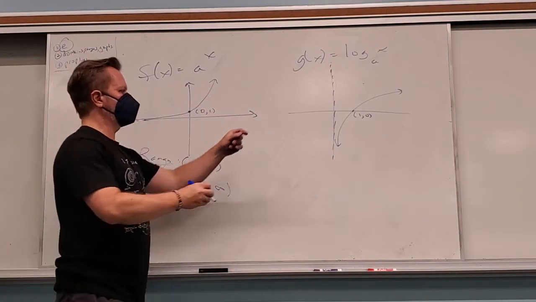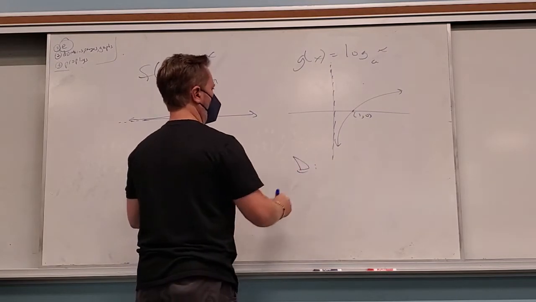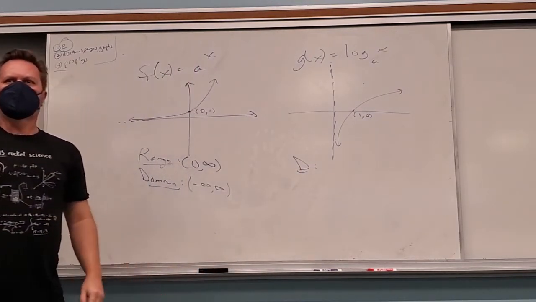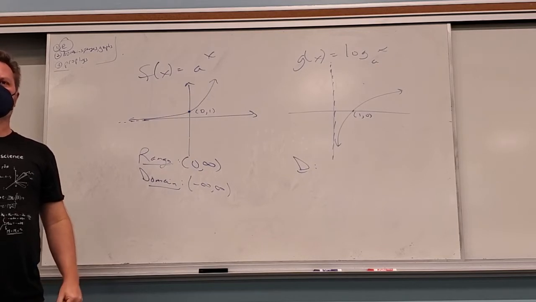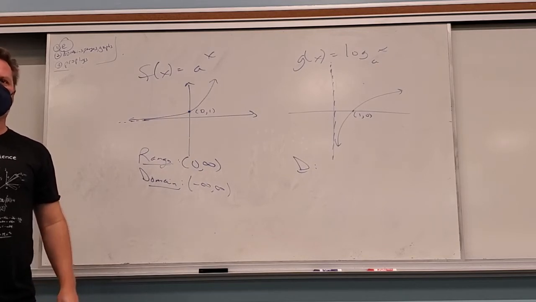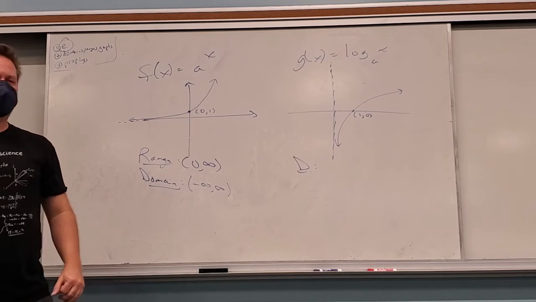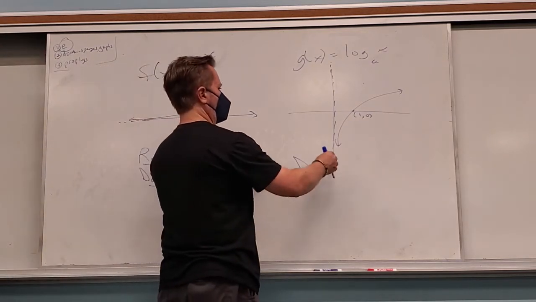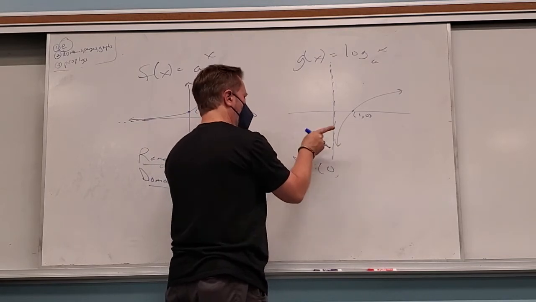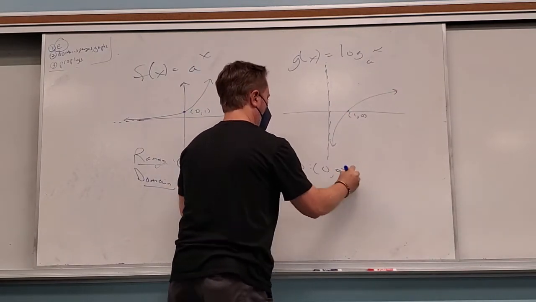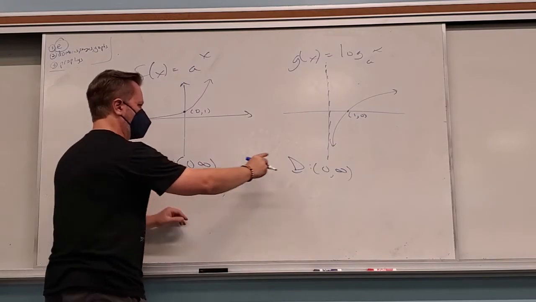So what's the domain of this guy? Can I put a 0 in? Can I put negatives in? What's the domain? From 0 to infinity. You see how the range of this became the domain of this?